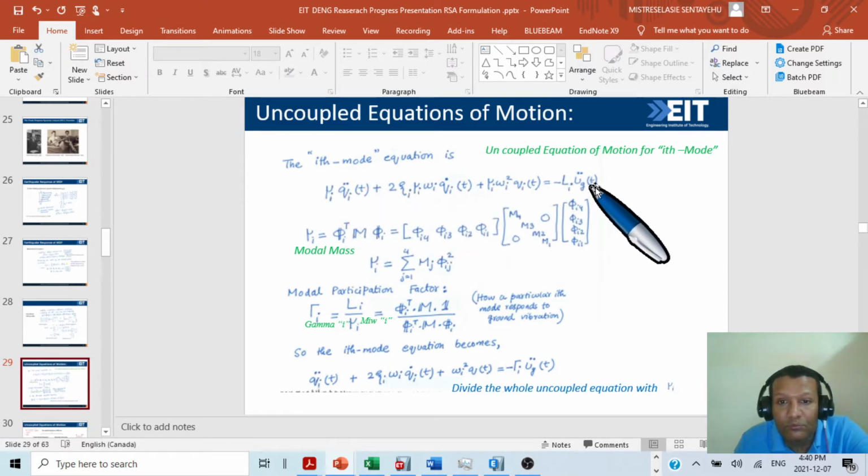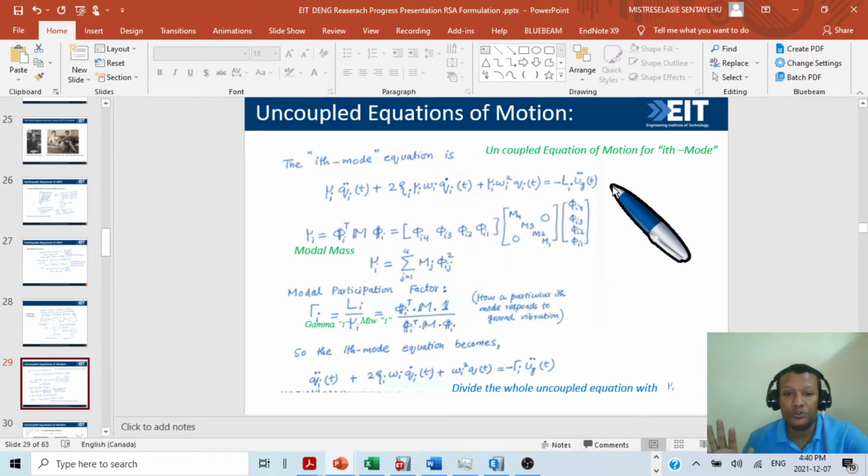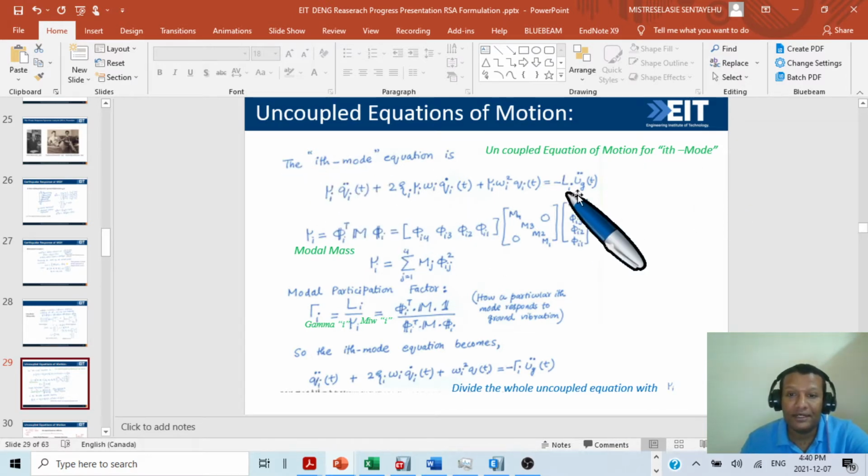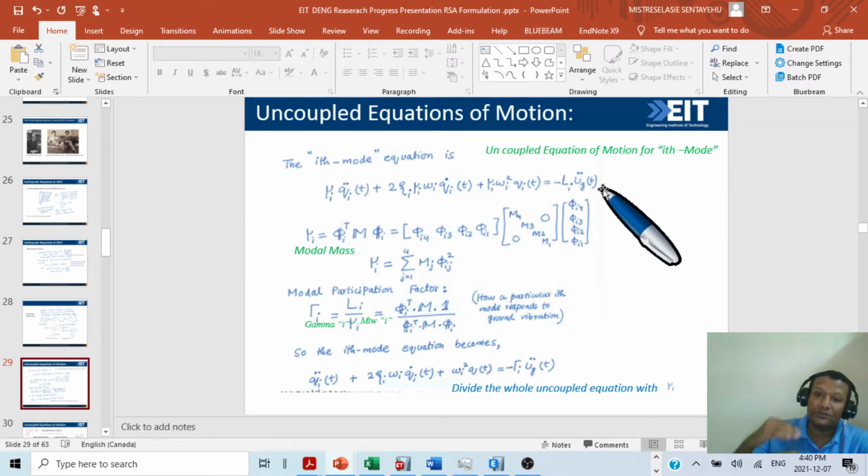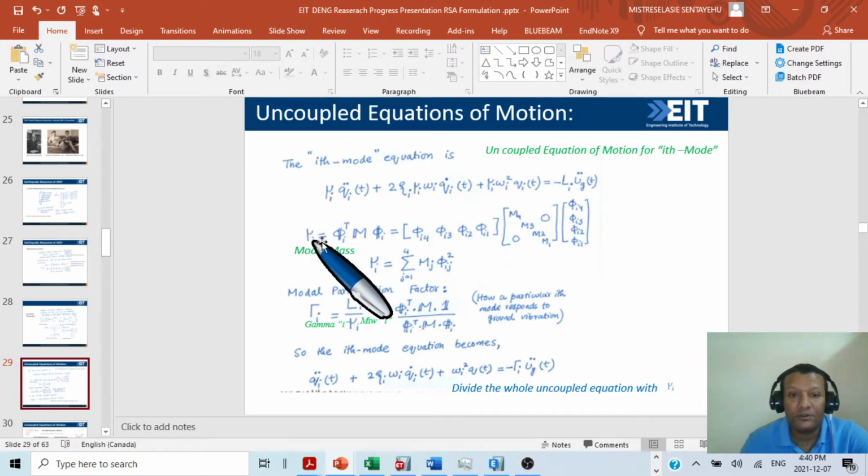This is for mode 1 only. There is no contribution from any other mode. So this is the i-th mode. Then we have 4 stories: the first story, second story, third story, fourth story. We will see now. So after this is a very important point.